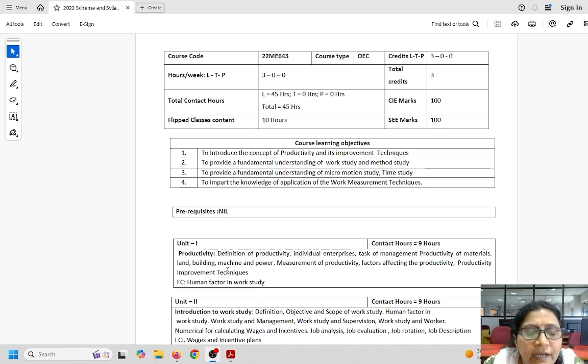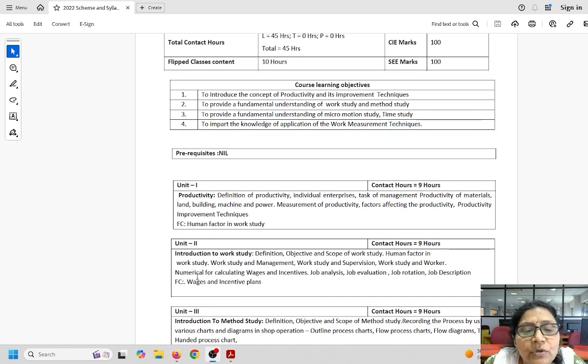We identify 2 factors in any industry: physical resources and human resource. Both are very, very important. Unless we focus on both, the human resource is equally important, as it is utilizing the physical resources which are available to us. That you are learning in unit 1.